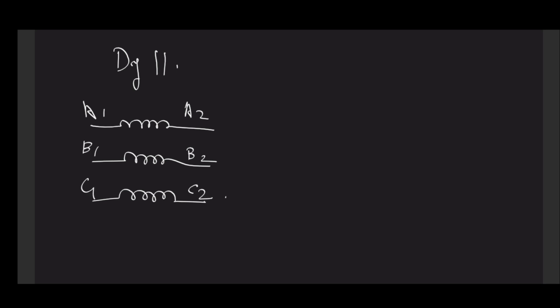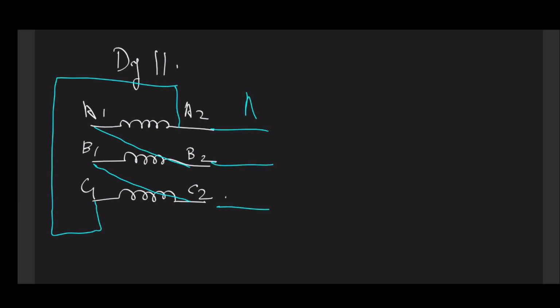If you try to understand, then you should draw a neat diagram. That would be helpful. So A1, B2, B1, C2, A2, C1, and here we are giving A, B, C, and let us draw the other end.